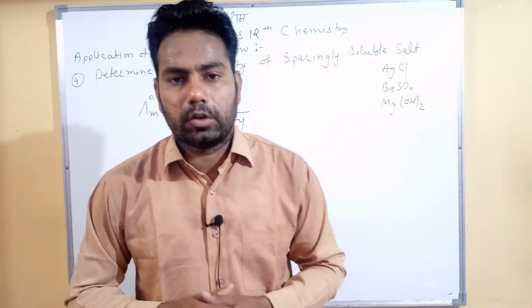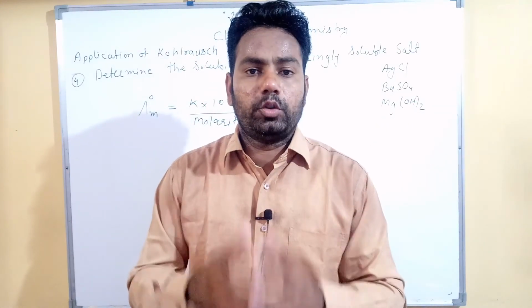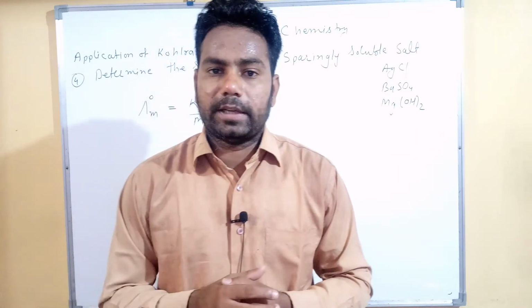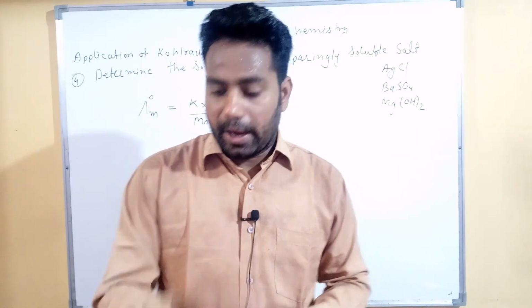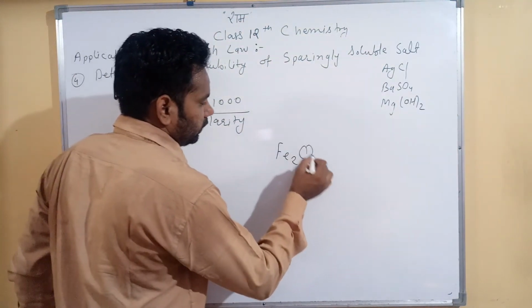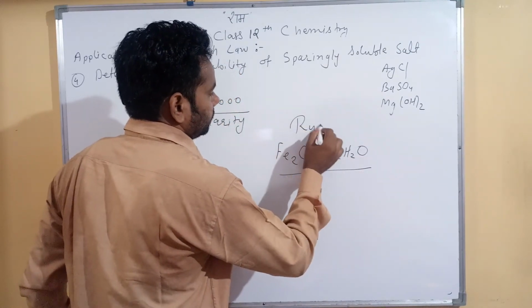Iron reacts with atmospheric gases and moisture and converts into ferric oxide. This is called rusting. Fe2O3.xH2O is the formula of rust.